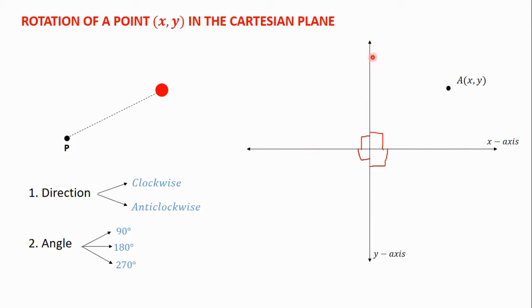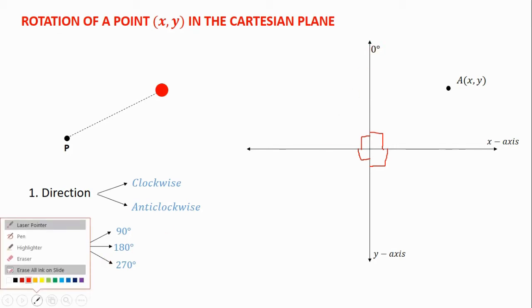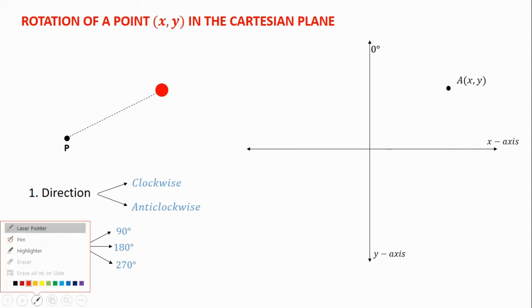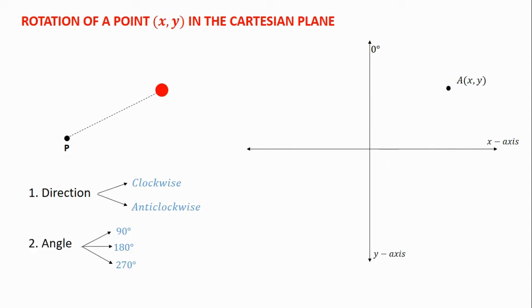So let's say we choose this line as our starting point. So here will be 0 degrees. That is where we are starting from. And we are going to move in the clockwise direction. That is, we are moving in this direction. If we are moving in this direction and we know that here is 0 degrees, you will see that from this line here to this line, we will have 90 degrees.